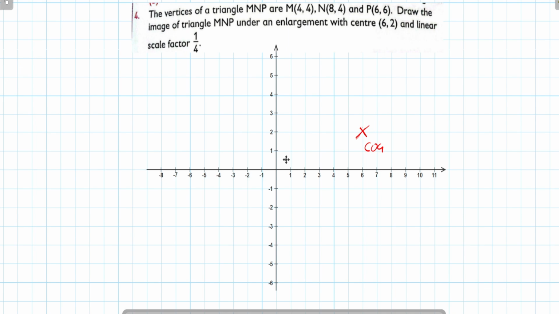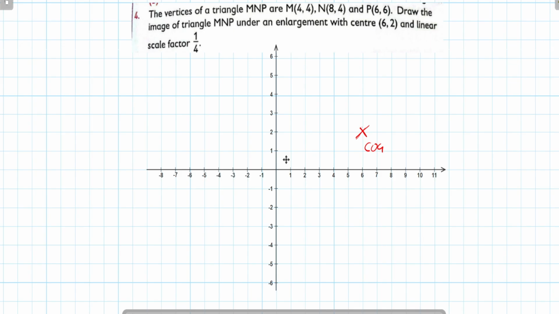So now umeambiwa and linear scale factor a quarter. So ingekuwa center of enlargement ni origin, tungepiga kila coordinates times a quarter times a quarter, tayari ungepata image yake. But now let's use the long method, there's no problem.